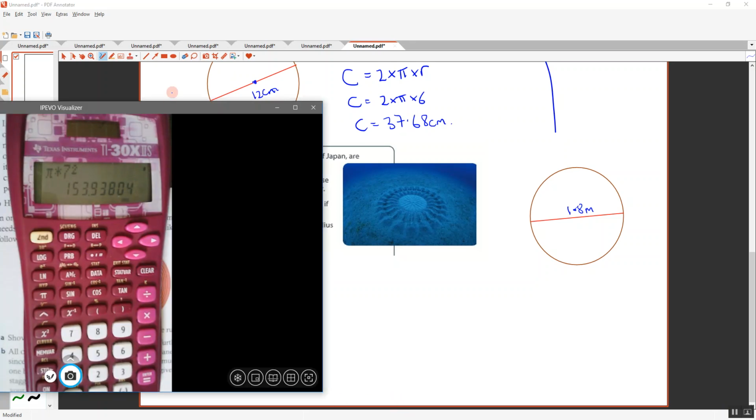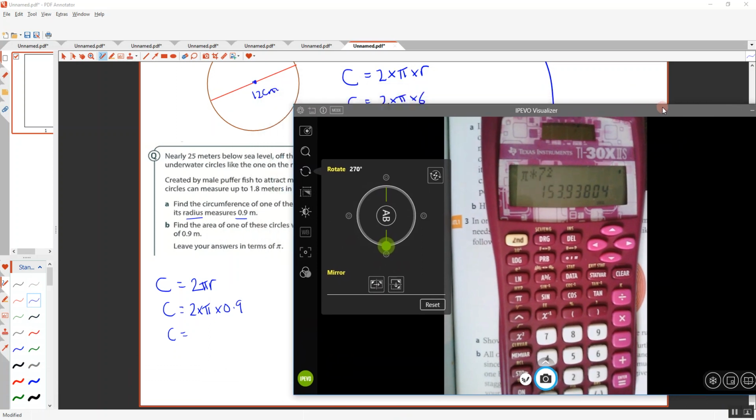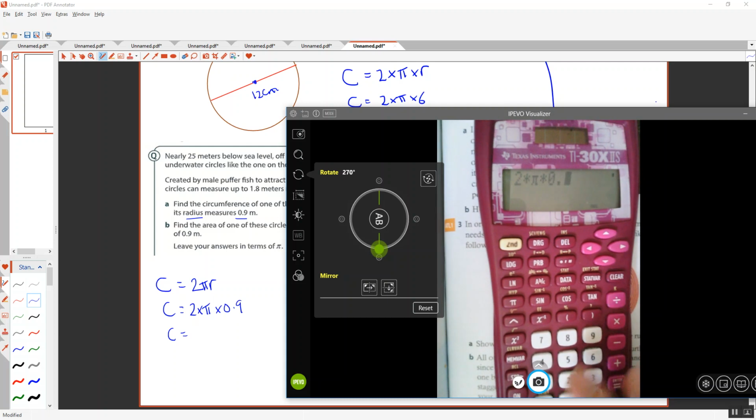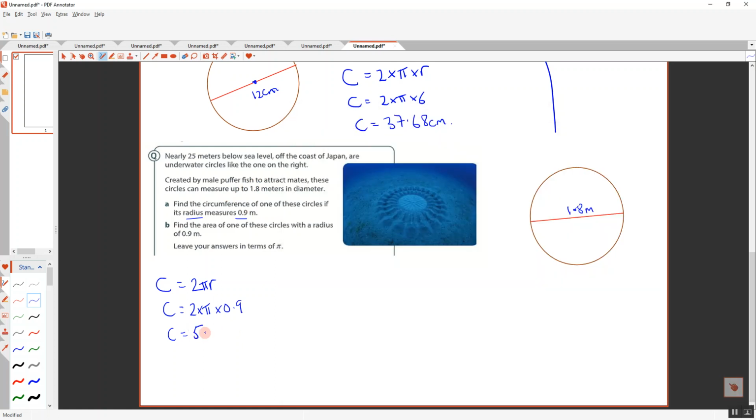If I put this in, I'll leave the calculator over here now. 2 times pi times 0.9, 5.65. Excellent. And then our second part, find the area of one of these circles with the radius of 0.9.